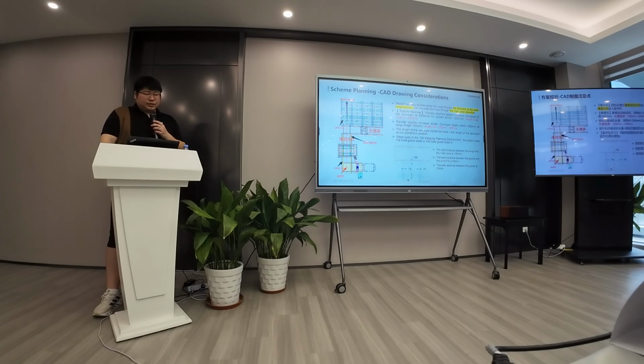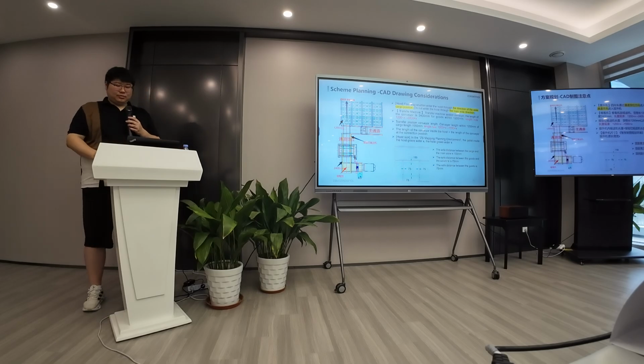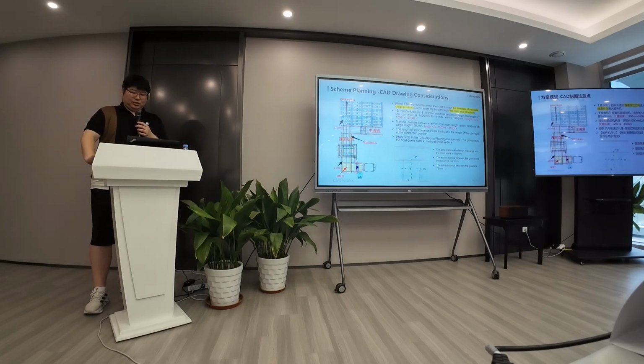Basically, the distance between two pallets is 75 millimeters, and the distance between our pallet and the rack is 75 millimeters.